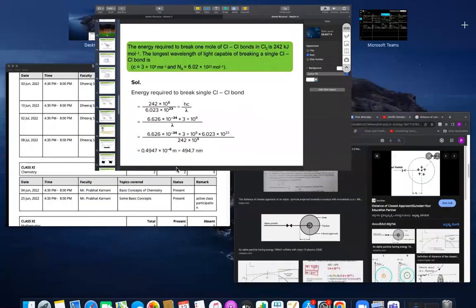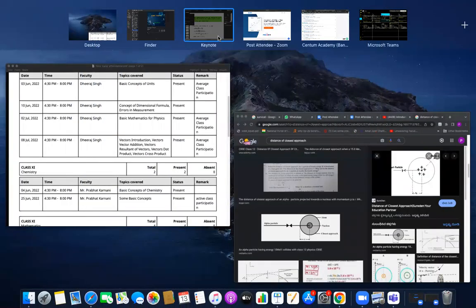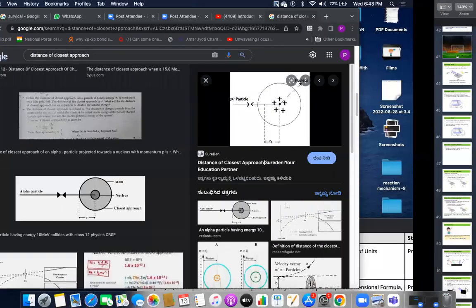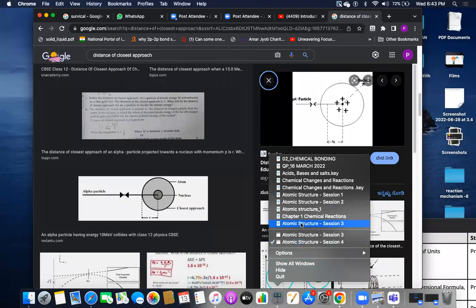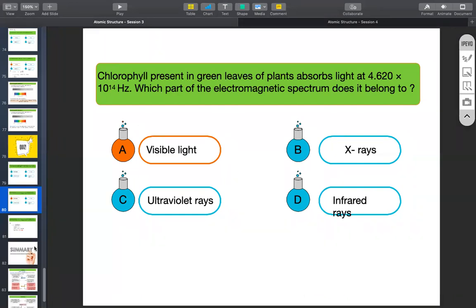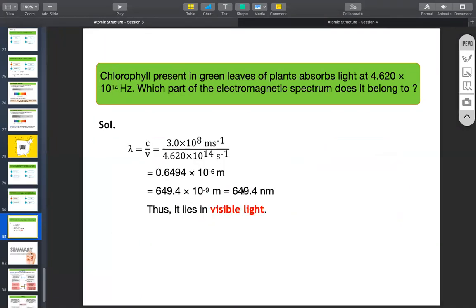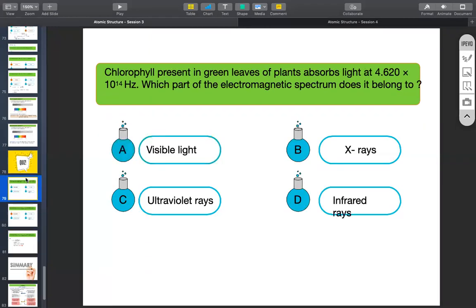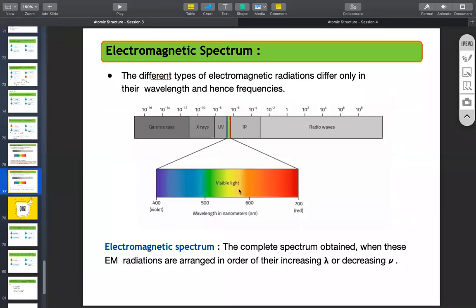One minute, I'll show you. See, it comes under the visible region now. 649 nanometer comes under the visible region. What is the range? 400 to 700 nanometer is visible region.